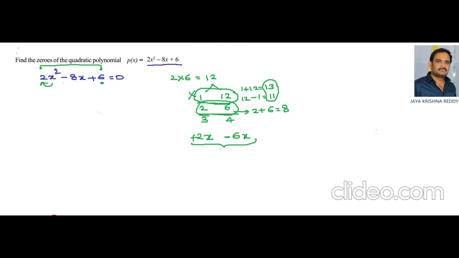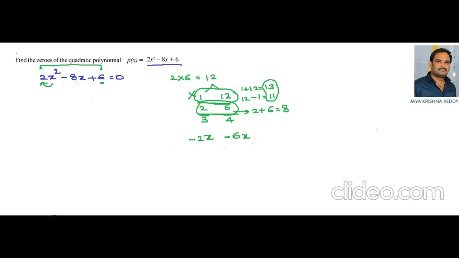The bigger number 6 has a negative symbol, so that is minus, and both the numbers have opposite symbols. 2x is positive, 6x is negative. Opposite symbols mean you have to subtract, 6x minus 2x, it is 4x. So the result is minus 4x, that is not equal to minus 8x, the x term. That means this plus symbol is not suitable for 2x. So here you have to take the minus symbol.